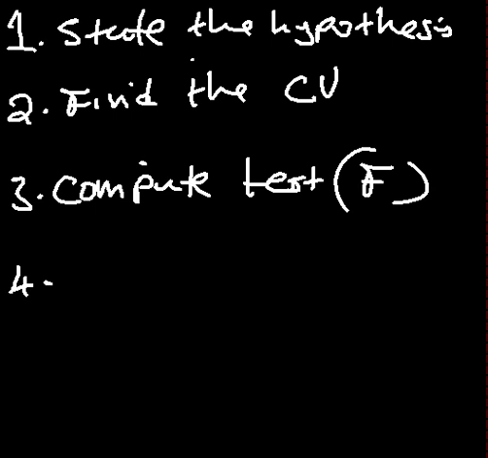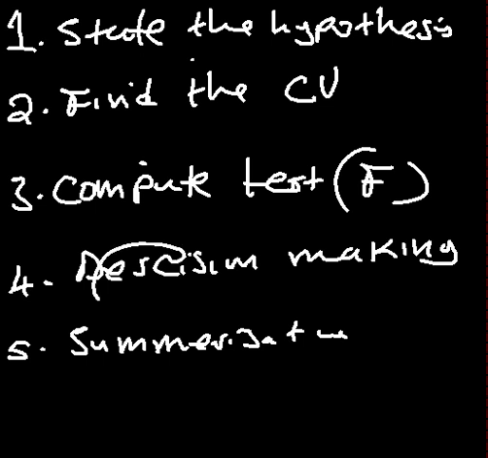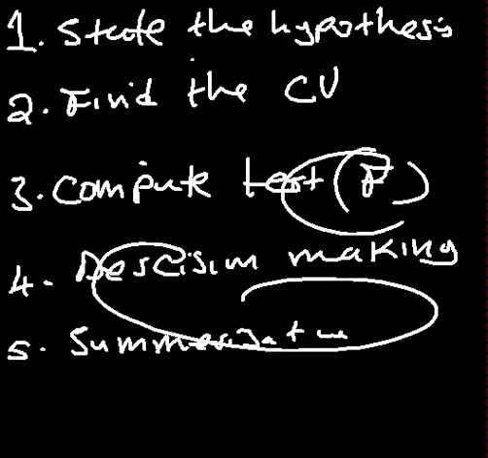And the fourth step is decision making. And the fifth step is summarization. The decision making will be based on the test value as well as the critical value, the same way we discussed in hypothesis testing.